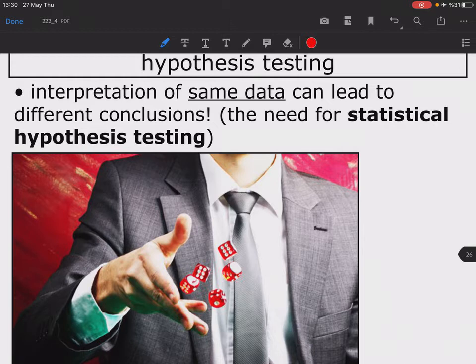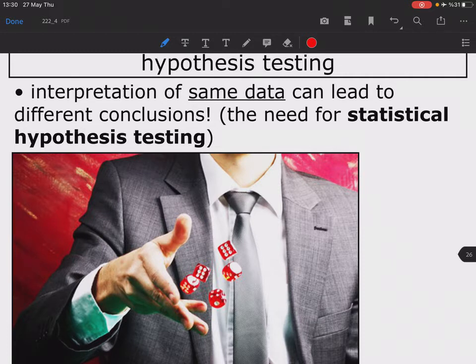Your friend can claim, hey, you're doing a trick, and he can get suspicious. But you can go ahead and say, no, I'm not doing anything, it's pure luck. So as you see, you have the same data, but interpretations can be different.